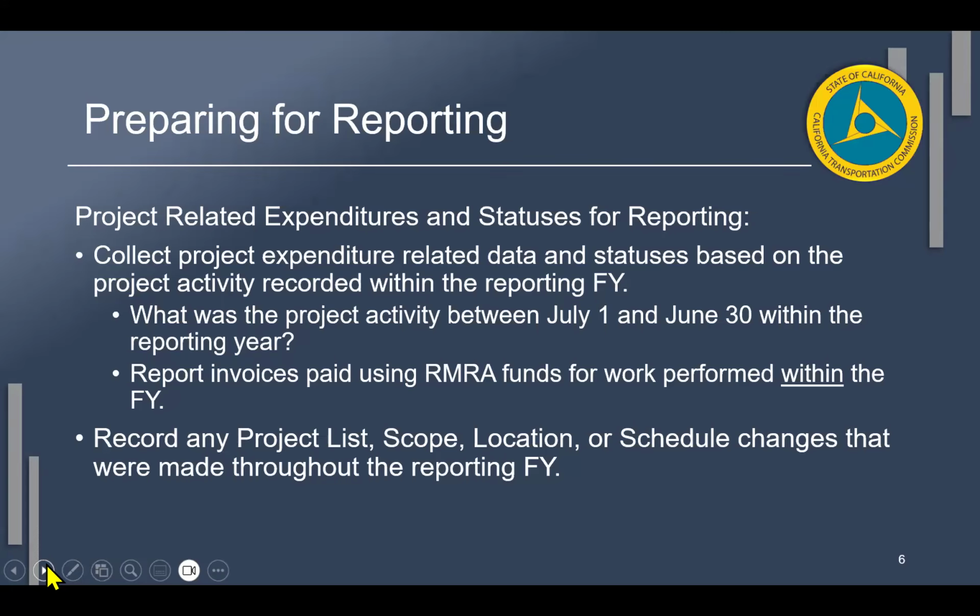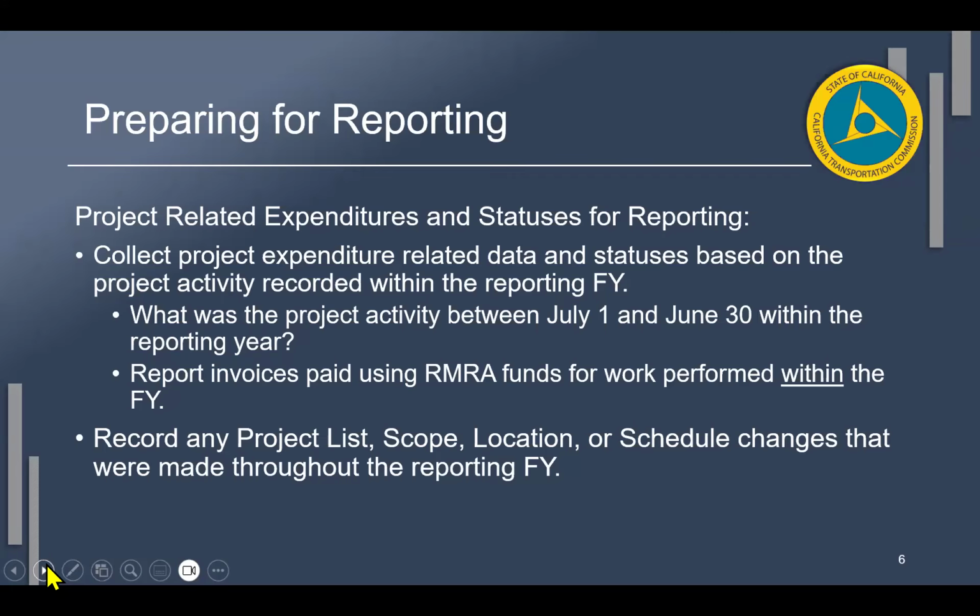Some of you may operate on a different fiscal year schedule. What your operating fiscal year schedule is is not relevant to the reporting fiscal year schedule that is required by this program. That is written in statute and then adopted in our guidelines. There's no wiggle room around that, okay?